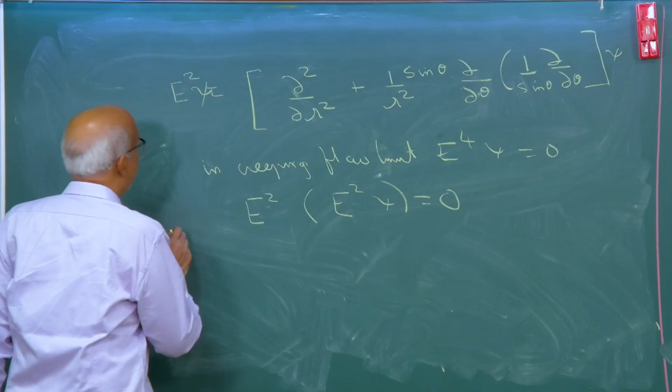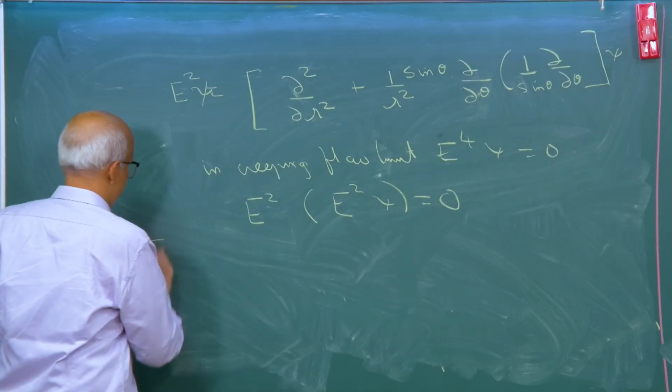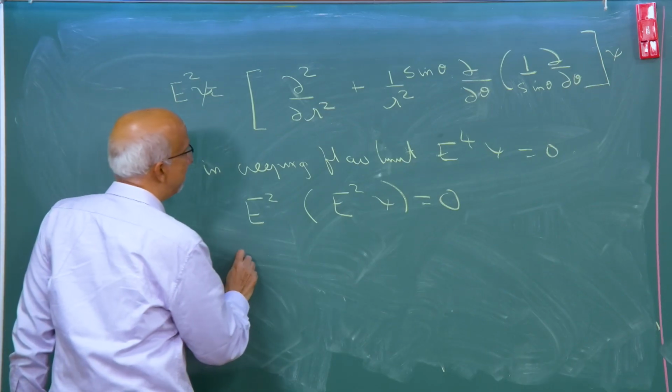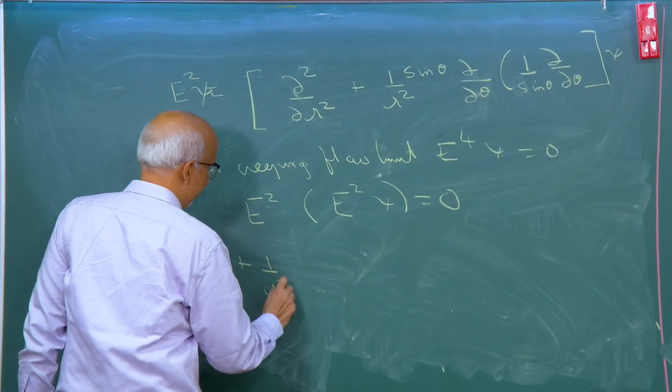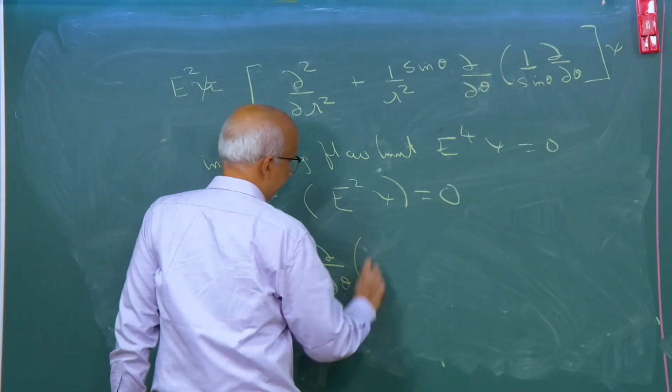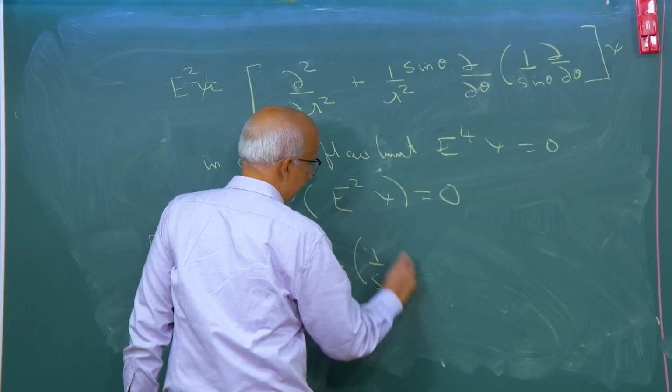This is written as d squared by dr squared plus 1 by r squared sin theta d by d theta 1 by sin theta d by d theta.